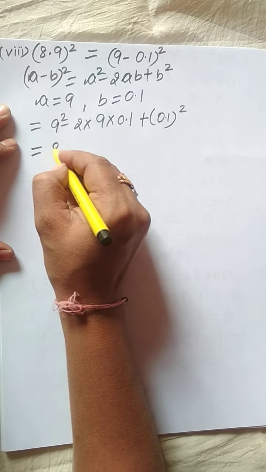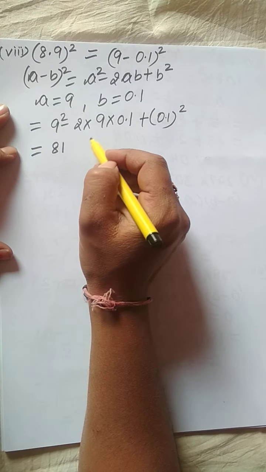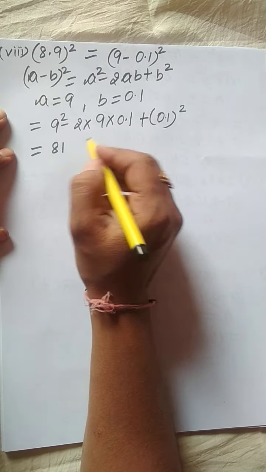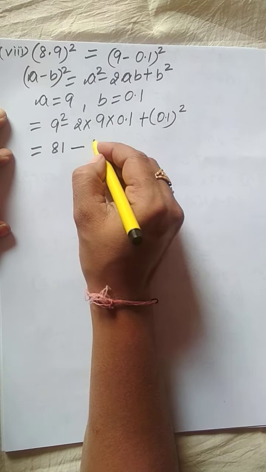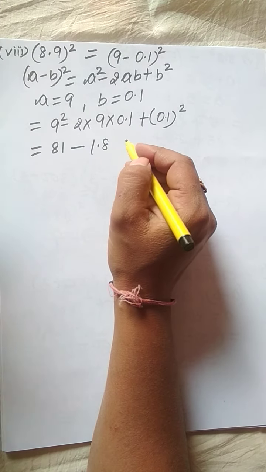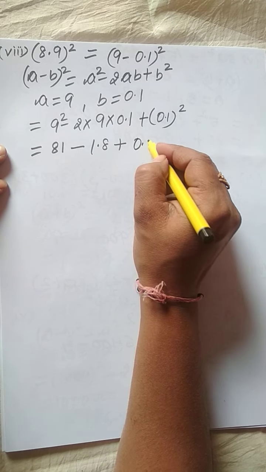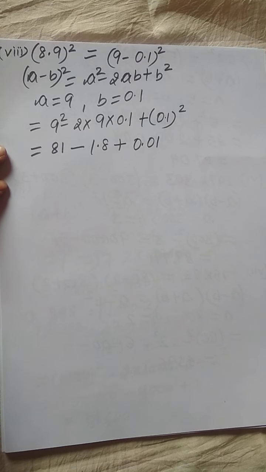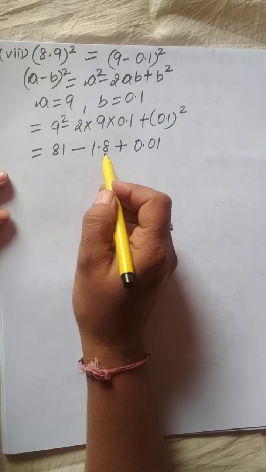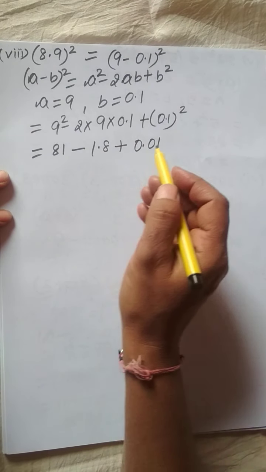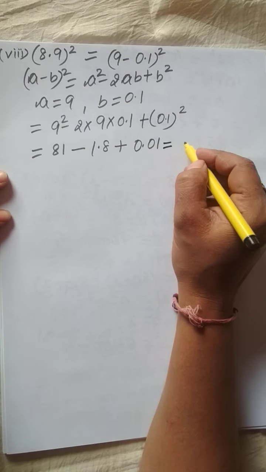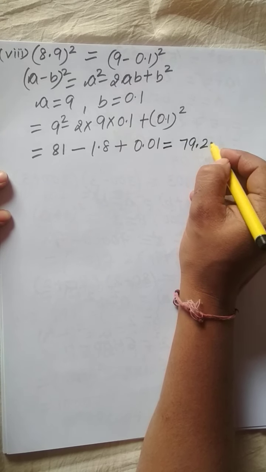Square of 9 is 81. 2 9's are 18, 18 1's are 18, minus 1.8 plus square of 0.1 is 0.01. 81 minus 1.8 is 79.2, plus 0.01 is 79.21, which is the answer.